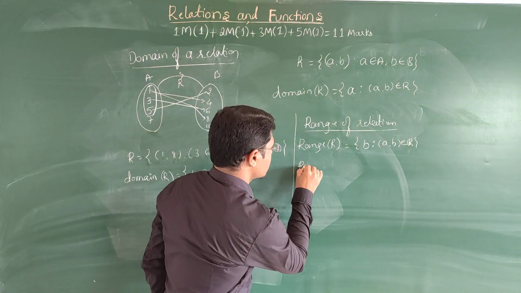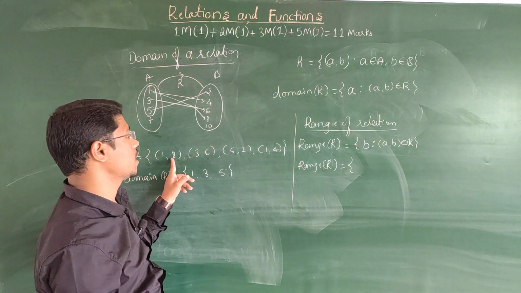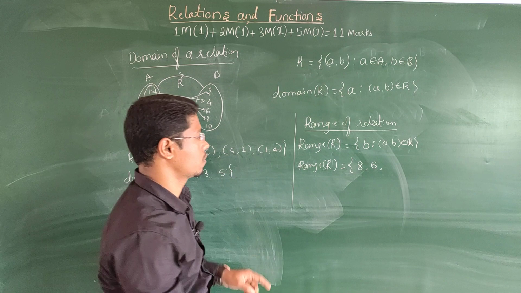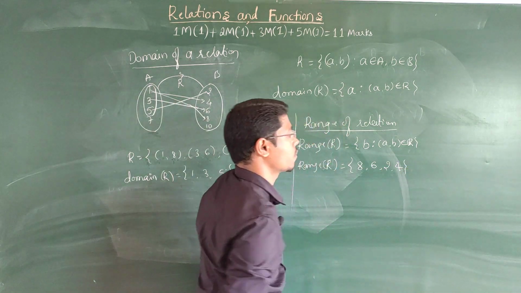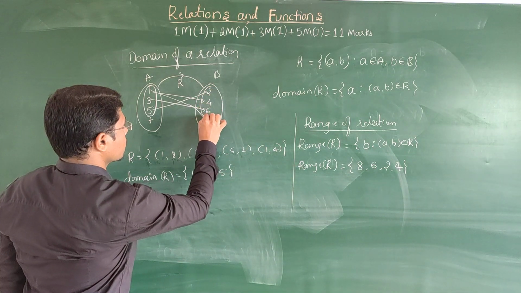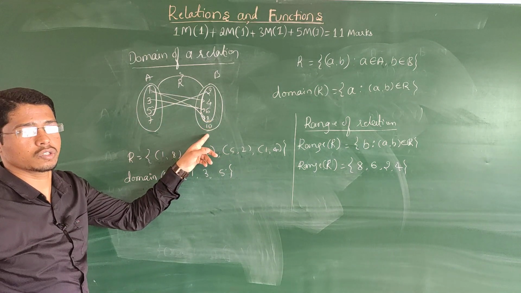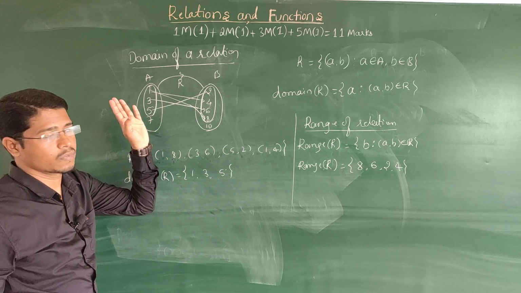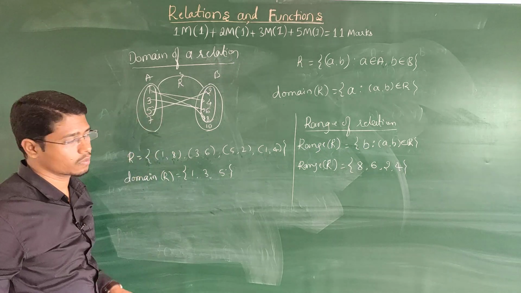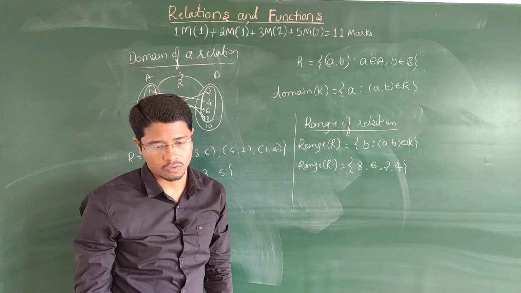So the range of R is {8, 6, 2, 4}. 10 doesn't come under the range of relation R because it is not related to any element of the set A. So the domain is {1, 3, 5} and the range is {8, 6, 2, 4}.